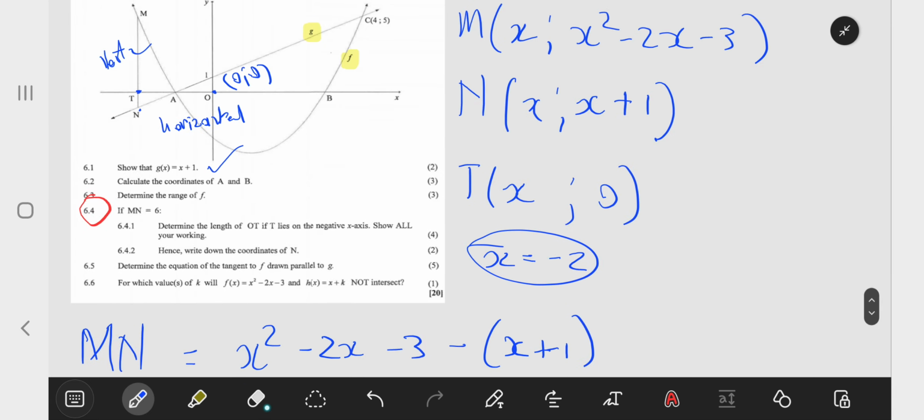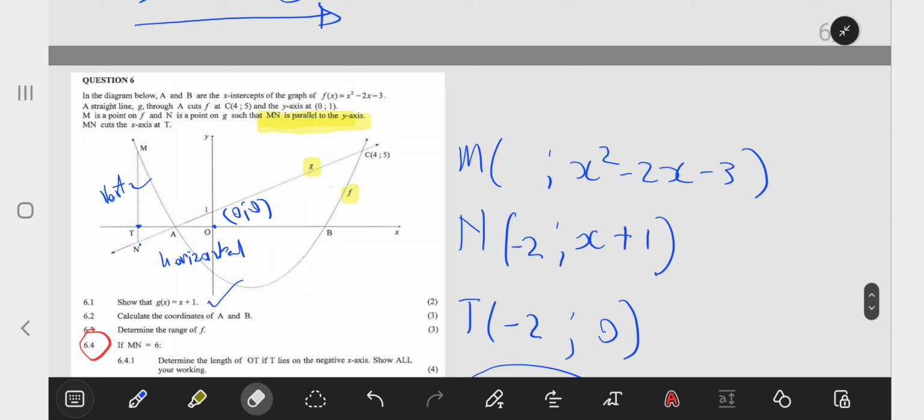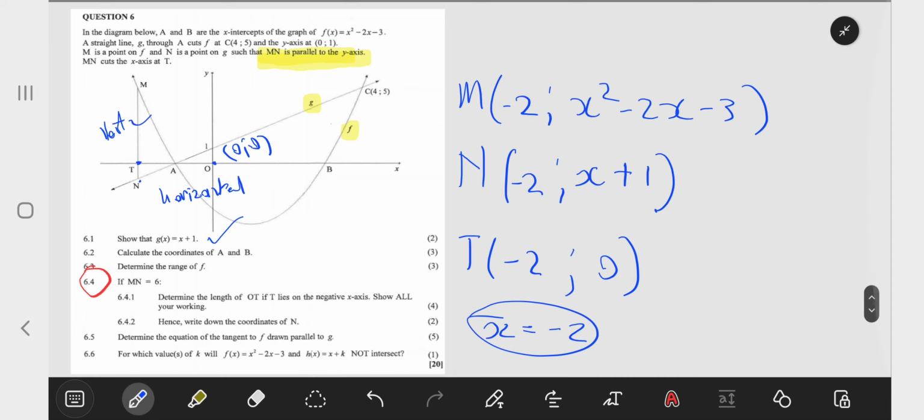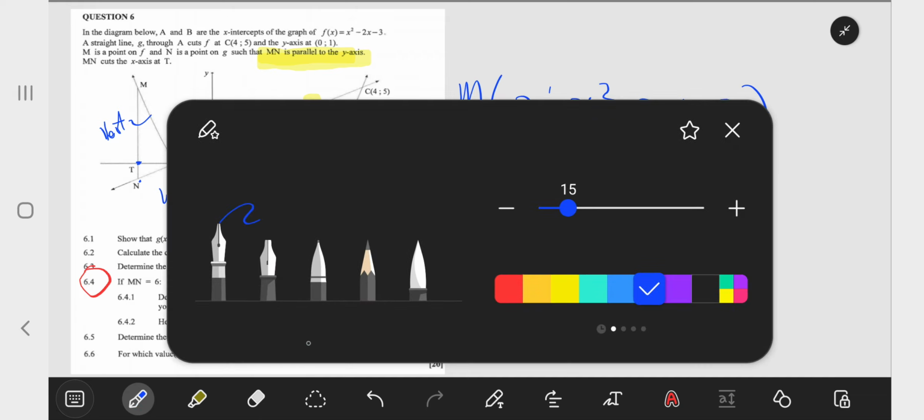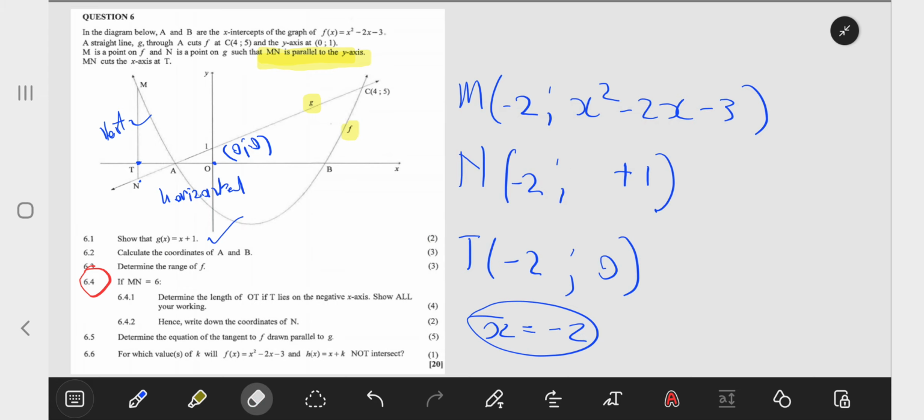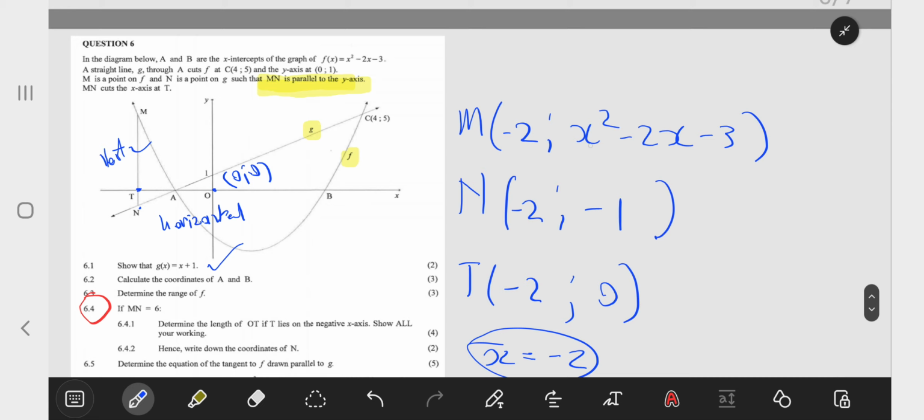It means at this coordinate our x is negative 2, and our x here will also be negative 2. Right? And still here, if we substitute negative 2 here, the overall answer will be negative 1. So here it will also be negative 1. So N is at negative 2 and negative 1. Right? And the same thing applies if we make x negative 2 here.